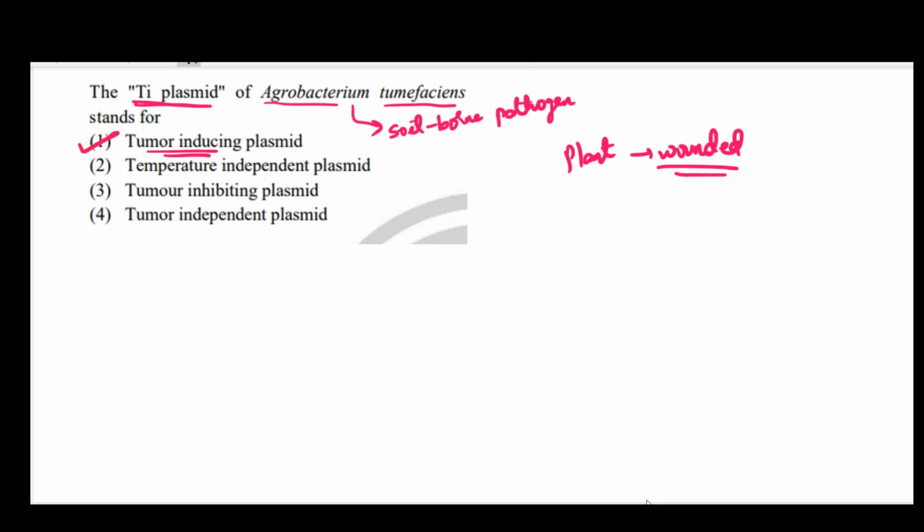A plasmid is nothing but extra chromosomal material.